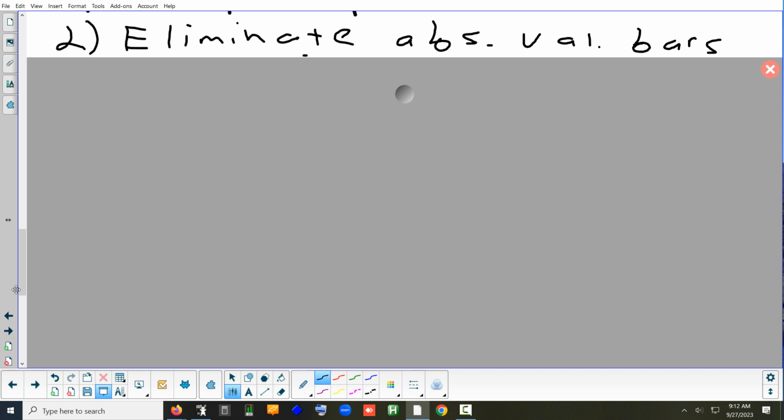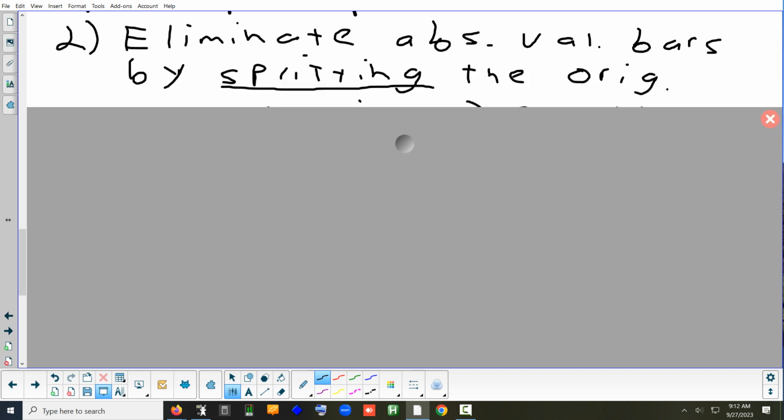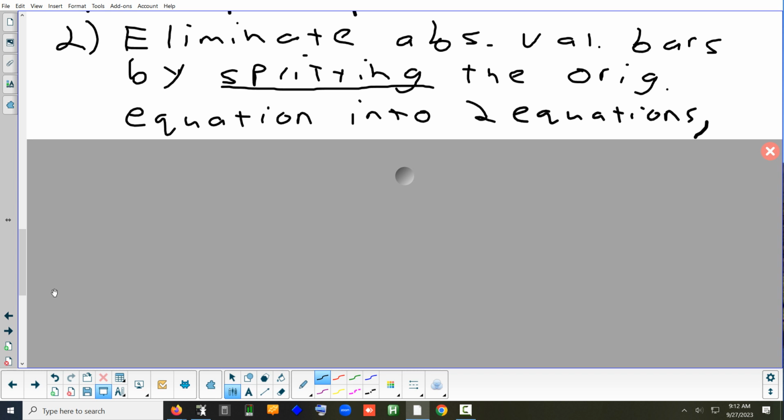The way we get rid of the bars is we take the original problem and split it into 2 problems. And the reason we have to split it into 2, we talked about earlier. When you take absolute value, there are 2 numbers that would have the same absolute value. We did an example of 4. 4 has an absolute value of 4. Negative 4 has an absolute value of 4.